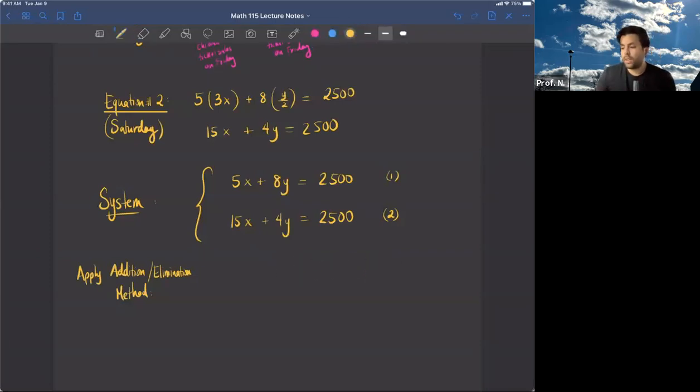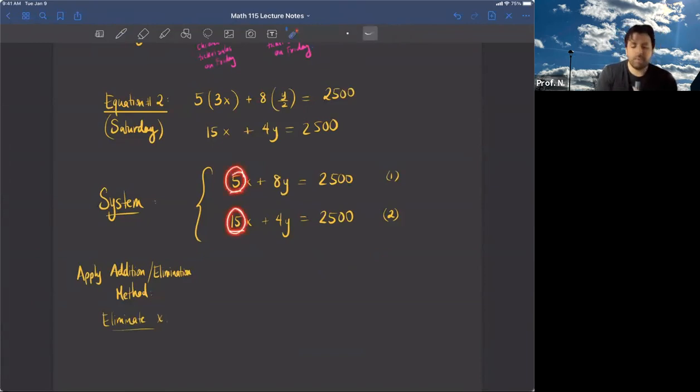So now I have to decide what do I solve for, x or y? If you want to eliminate x or solve for x, pardon me. So I have to choose one, right? So eliminate x. So if I eliminate x, Tyler suggests, well, this is 15, this is 5.